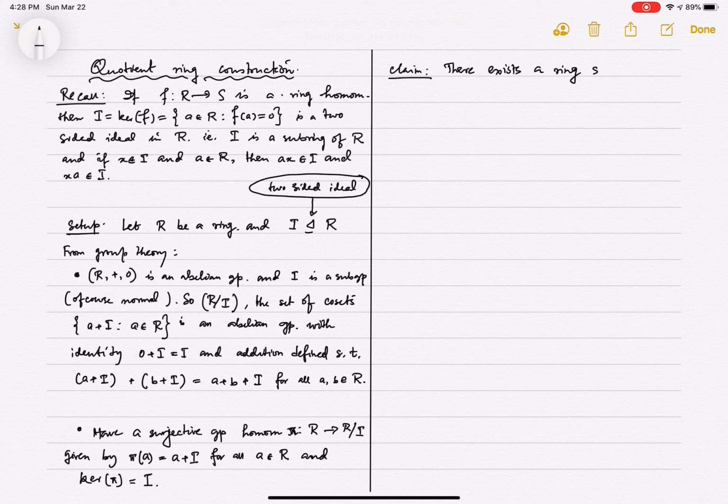A ring structure on R mod I such that this map pi, which is right now a group homomorphism, actually becomes a surjective ring homomorphism.